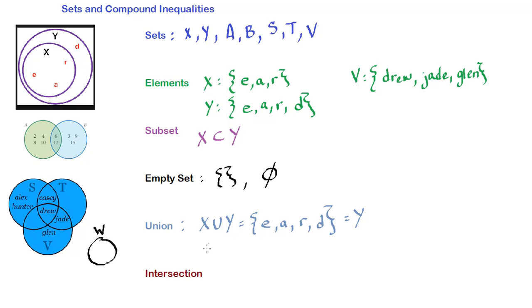Let's do, how about S union T? That would be, got to write them all, so that's what's in everything. Alex, Hunter, got to write everything that's in S. Casey, Drew, Jade, because that's in T. I think I got everything.